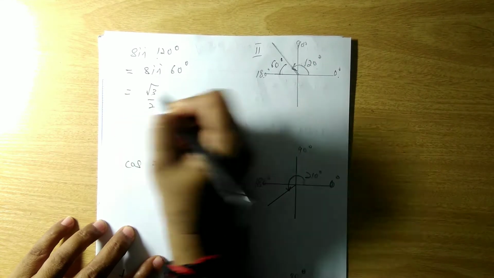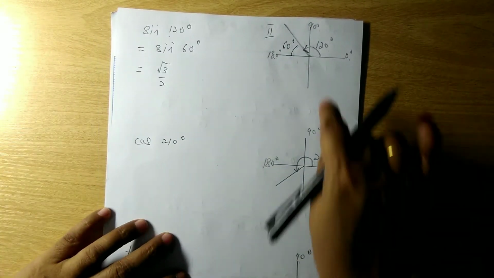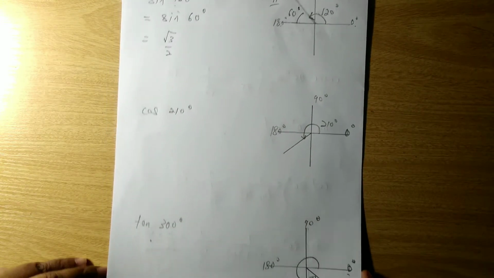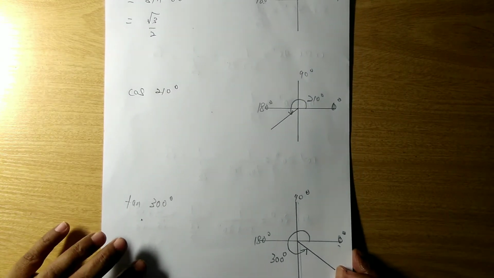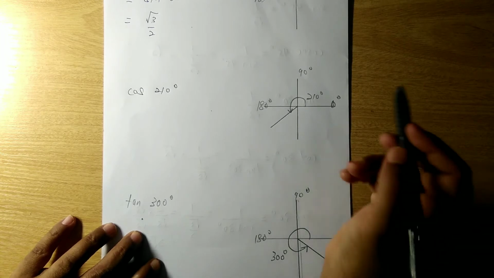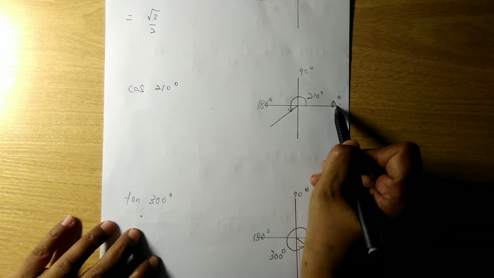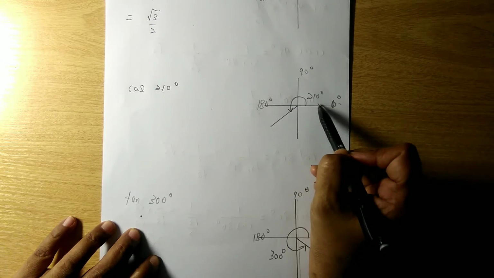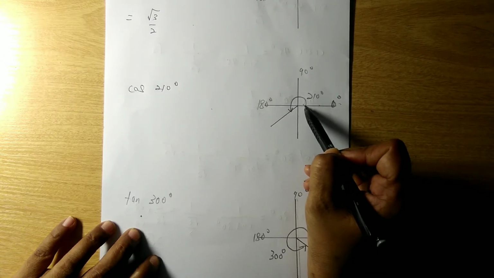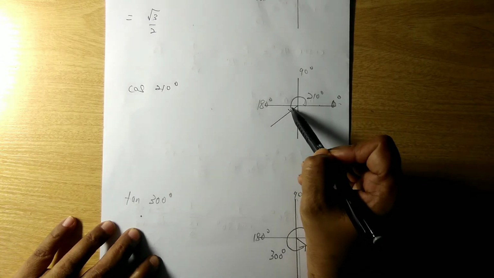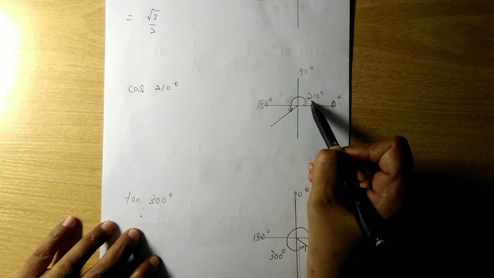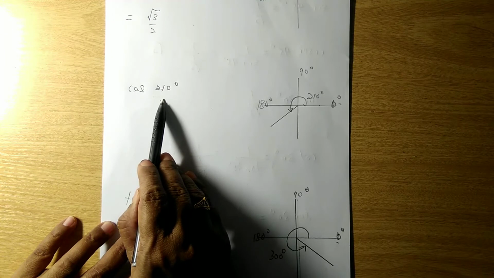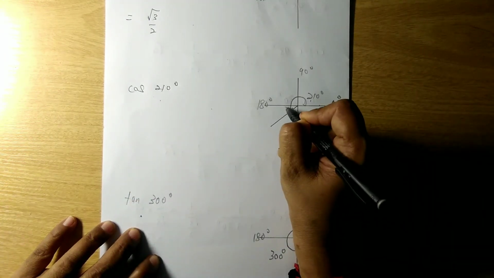Alright? Okay, next one. Let's say we go for cos of 210. Okay, so 0, 90, 180. So 210 means if you're going to measure from here, 0, all the way up to 210. So this is 210. And again, this is not an acute angle. So I'm going to look for my reference angle. So this is 210, subtract 180.